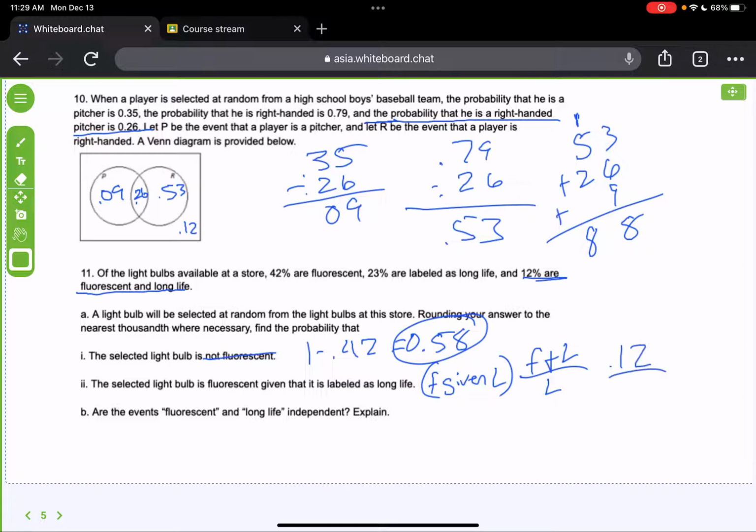So we would do 0.12 over what is L. L is 0.23. And that would give us about 0.52, so about 52 hundredths.